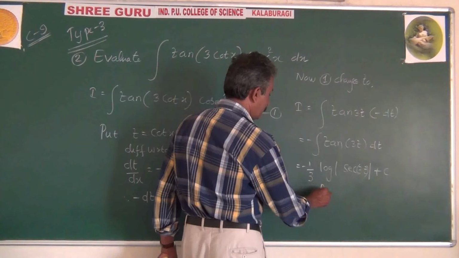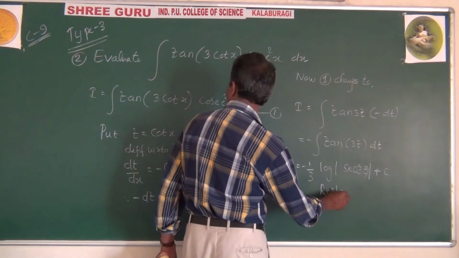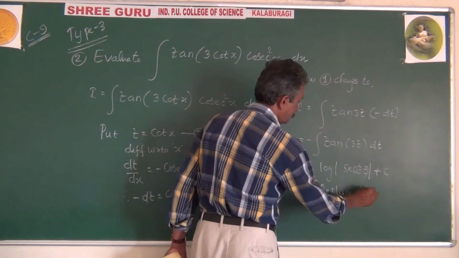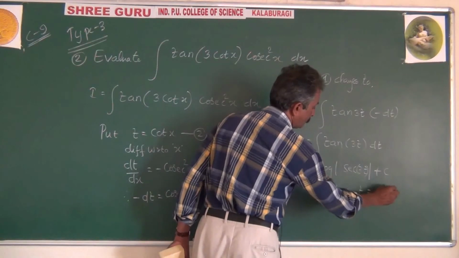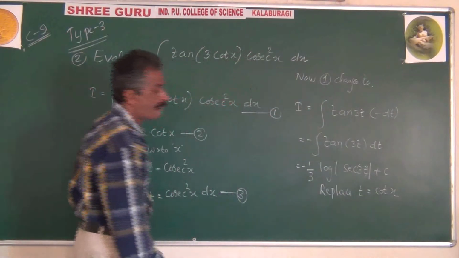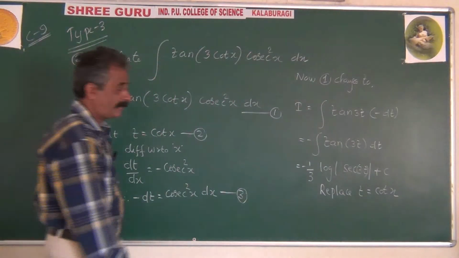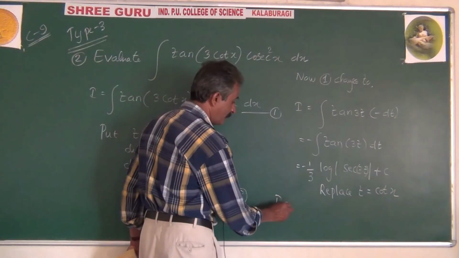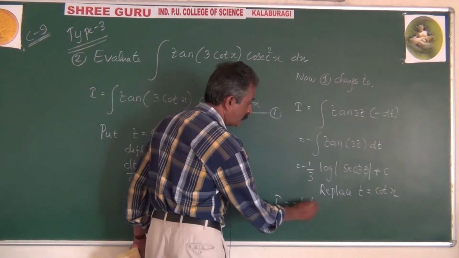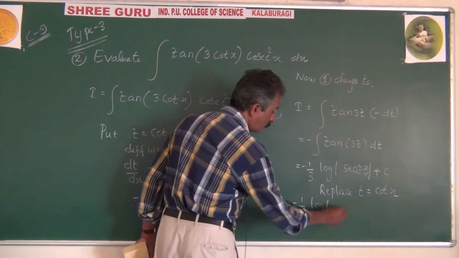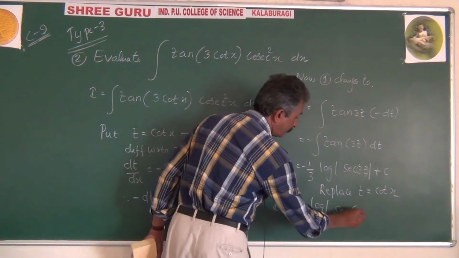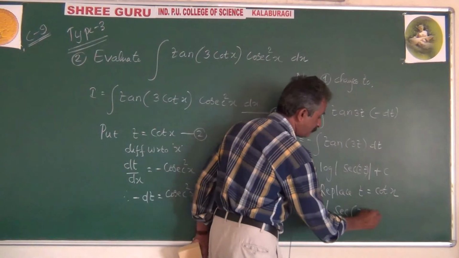What is t? The t value is cot x. So finally, the answer becomes minus 1 by 3 into log of modulus of secant of 3 cot x plus c.